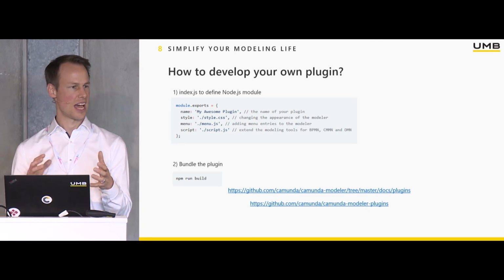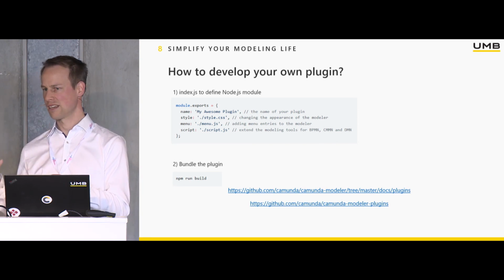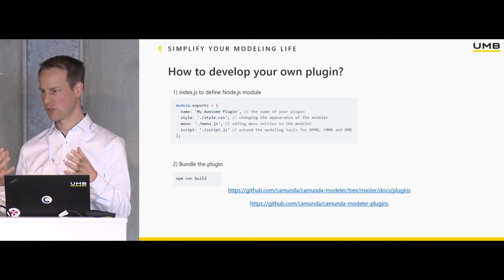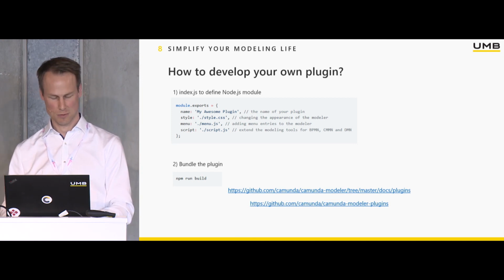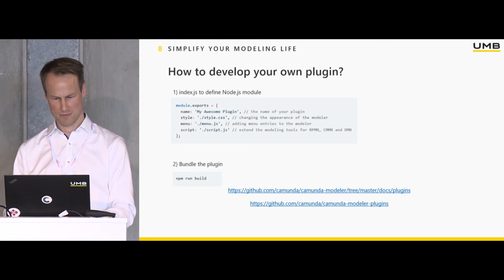Then you can interact with the BPMN model, and as we did, display those badges, do some overlays, all kinds of stuff. You can really interact with the BPMN model. But it's a bit more advanced, so maybe I can show you how our plugin looks. It's this one. So you see, it has a bit more code.